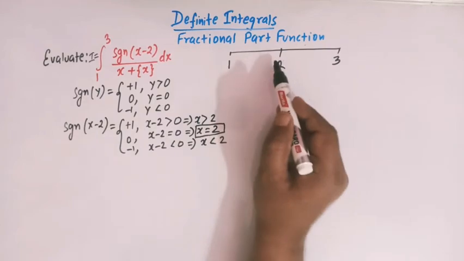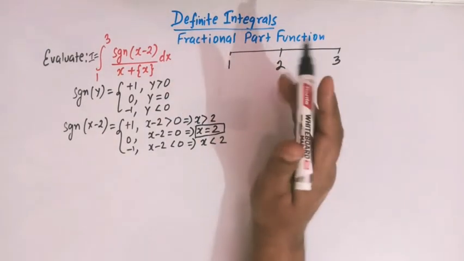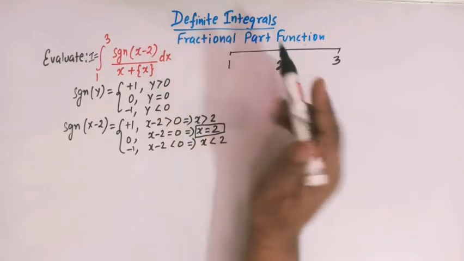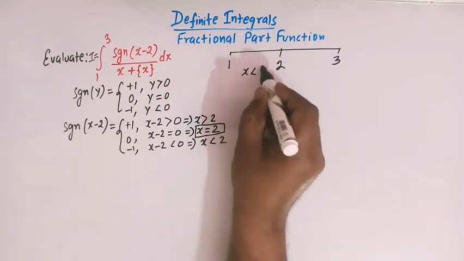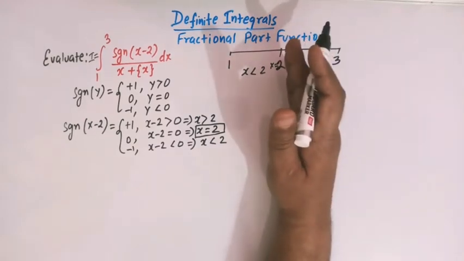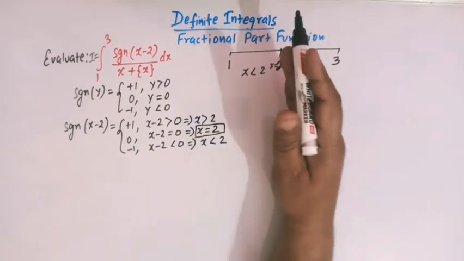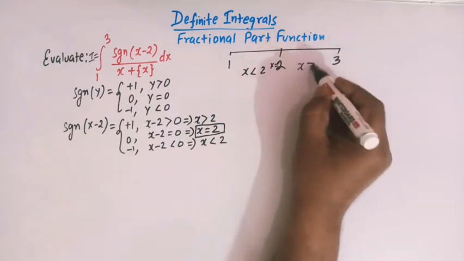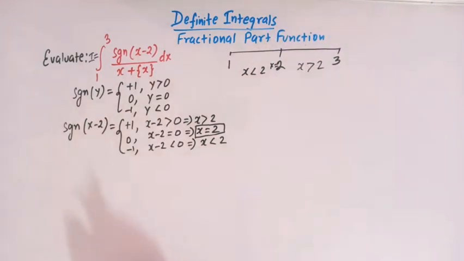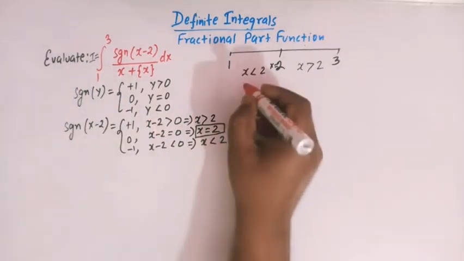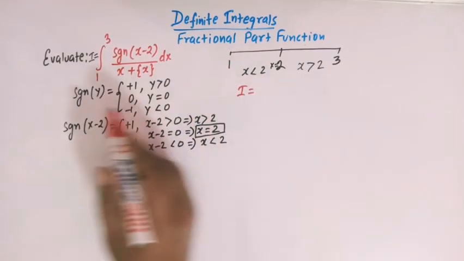So all those values of x which lie to the left of 2 are less than 2, and here we have x is equal to 2, and all those values of x which lie towards the right of 2 are greater than 2.